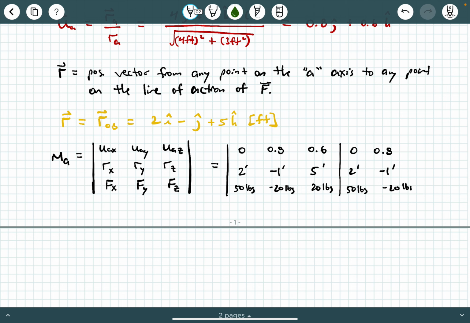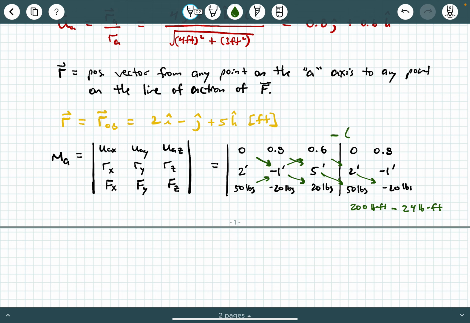and then I perform some diagonal multiplications. So that's going to give me a 0 because I got 0 times -1 times 20. I'm going to perform this double multiplication here. That should give me 200 pound-feet. Then I'm going to perform this multiplication here. That should give me minus 24 pound-feet. And then I'm going to multiply diagonally upwards, but I'm going to negate that.